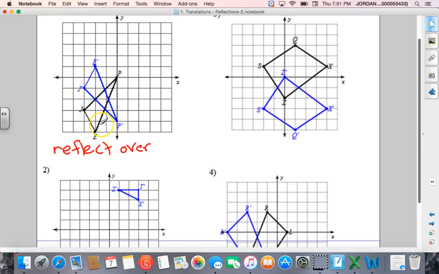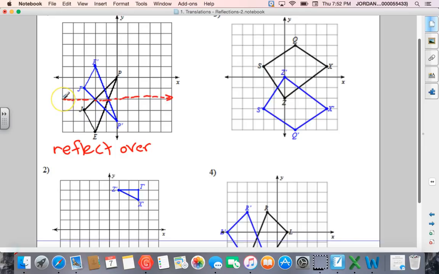Now let's see what we are reflecting over. You've got J prime and J right here. So obviously the reflecting line must be between these two points, and between E and E prime and P and P prime. We can see that midway between these two points is right here. So this right through here is our line of reflection, or our line of symmetry.